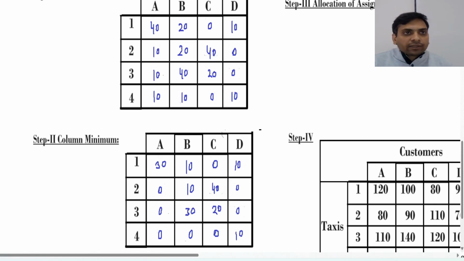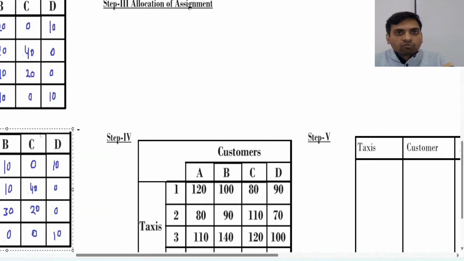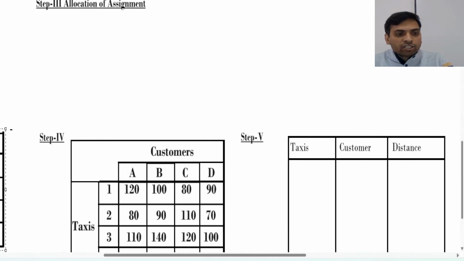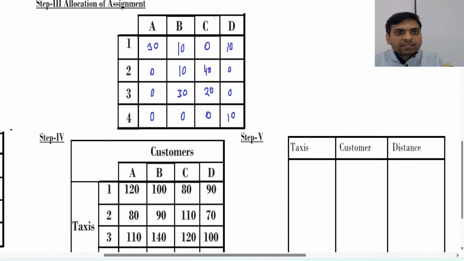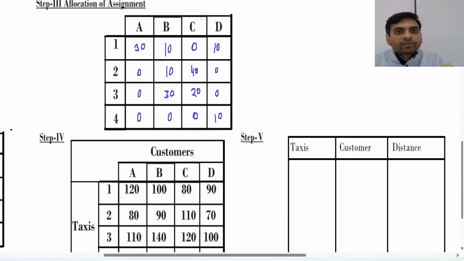Now step three. In step three, we copy the same table of step 2, column minimum. For this step, allocation of assignment, I have copied the same table as it is, with no change. This is a very important step.